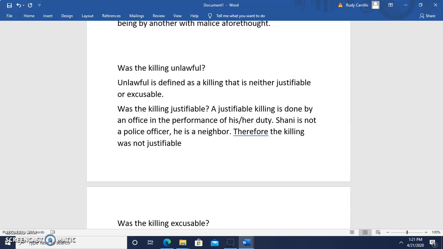Shane's not a police officer, he's a neighbor. So therefore, the killing is not justifiable.